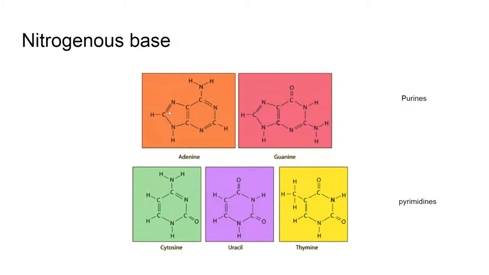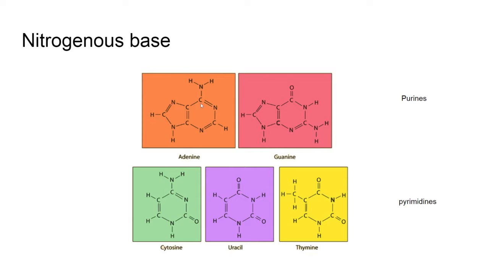So let's look at the nitrogenous base. There are 5 different nitrogenous bases: adenine, guanine, cytosine, uracil, and thymine. Adenine and guanine are purines, while cytosine, uracil, and thymine are pyrimidines.